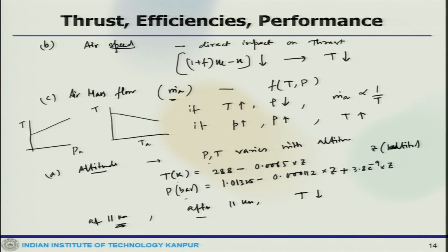Here is a schematic of how it can vary, thrust versus altitude. You can see there is a linear variation and then there is a drop of thrust, roughly around 11 kilometer. So, this is how these factors affect thrust, and there are some other factors also, and we will continue this discussion in the next lecture.